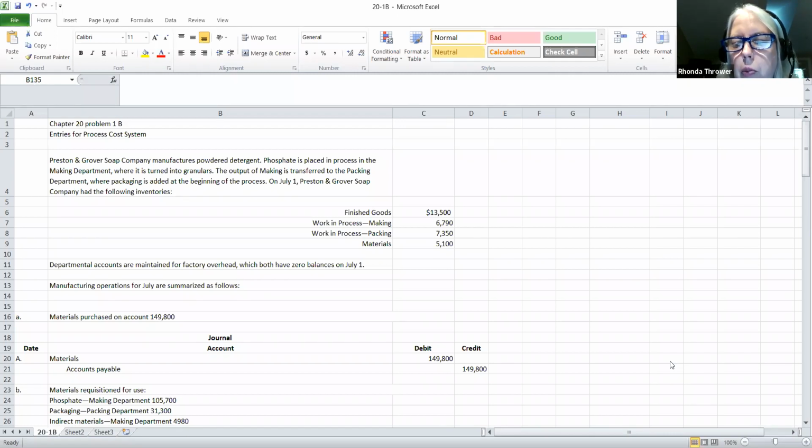So if our materials enter in a work in process called mixing, I think in your chapter they were mixing some form of frozen yogurt or frozen ice cream. What they used as an example was a company where they had a mixing department and a packing department. And so all the materials would go into the mixing department, and the mixing department would mix up all the frozen food materials.